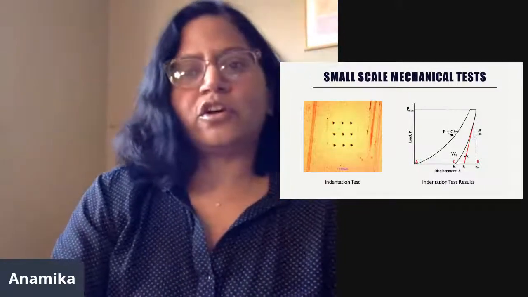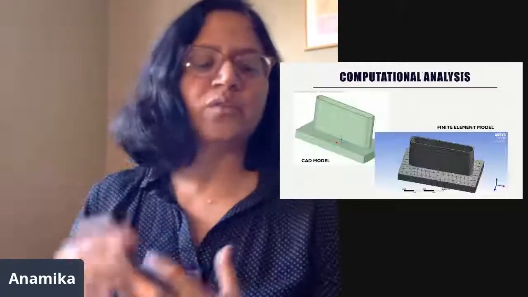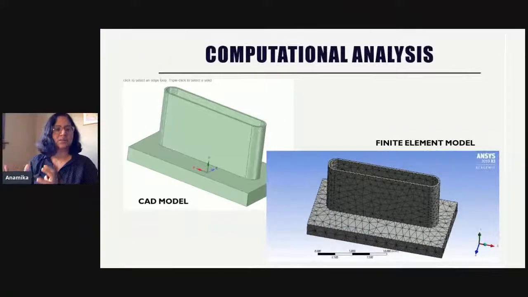Now we are moving on to use computer tools. In addition to experiments, you can do computation. You can do math to understand how this material will behave, or predict how changing one parameter, the laser energy for example, will influence what changes we can get in the structure.